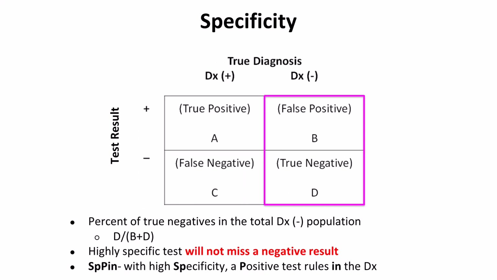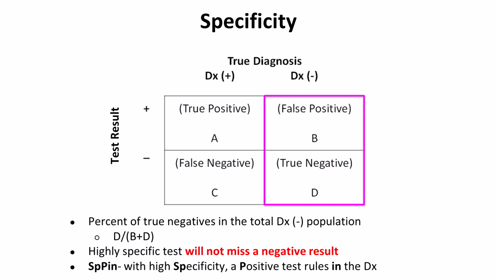Conversely, you have the specificity of the test. In order to calculate the specificity of the test, you're looking at people who didn't have the diagnosis. A highly specific test is really, really good at finding true negative results. So, if the diagnosis is negative and the empty can test is negative, then you're looking at little grid D. That's the true negative.